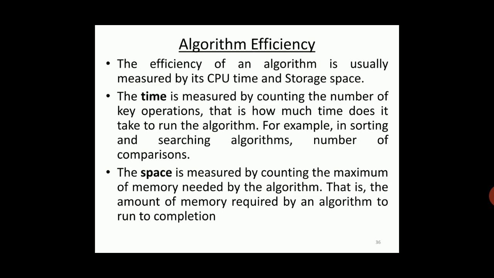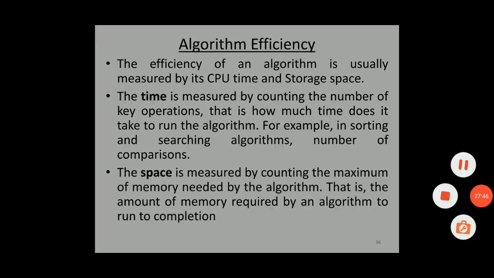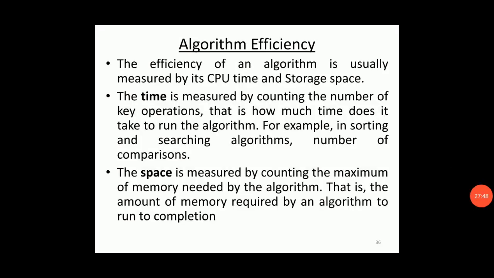Time is measured by counting the number of key operations, how long the algorithm takes to run, the total time taken to execute an algorithm. So we discuss two factors of algorithm efficiency: time and space.